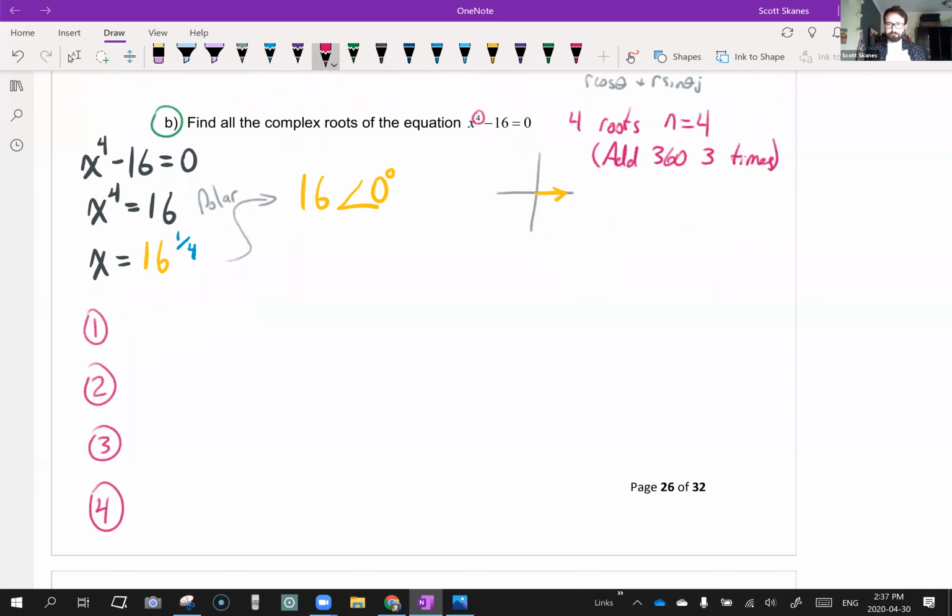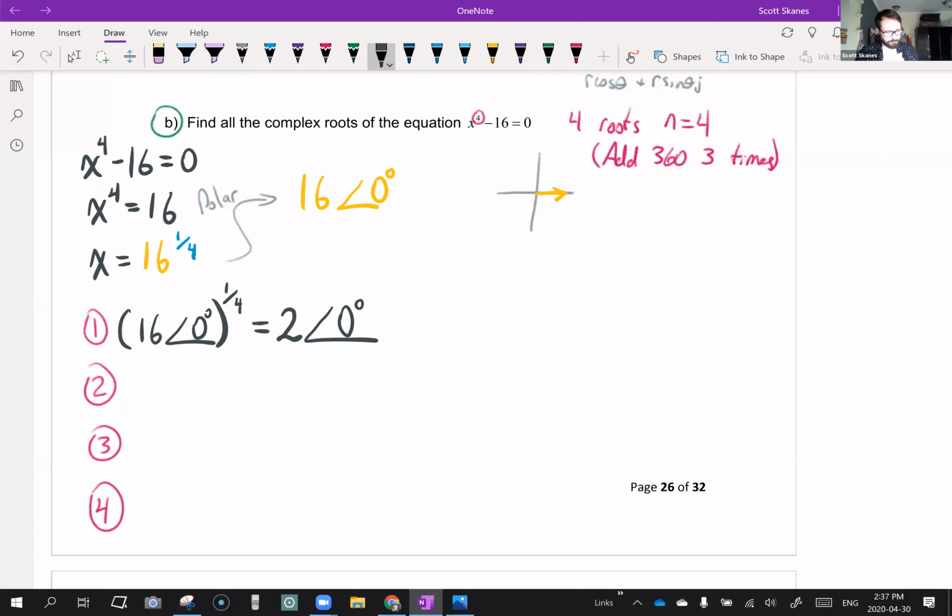All right? First things first. Put your number down with your degrees, and we need to get root 1/4 of this. We'll do the same thing we did before. 16 to the power of 1/4 is 2. The angle is still 0 exactly, because 1/4 of 0 is still 0.